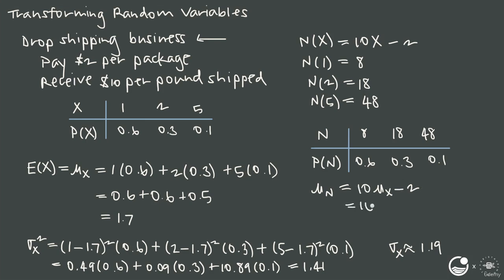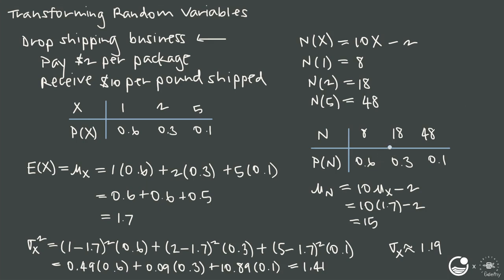So we can just plug 1.7 into this equation and we get 17 minus 2, or 15. So the new mean, the mean here for this data distribution, is 15.